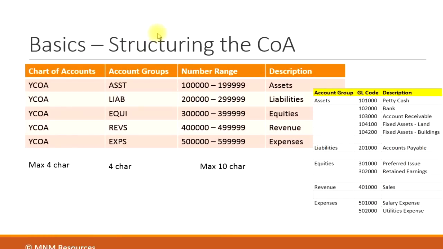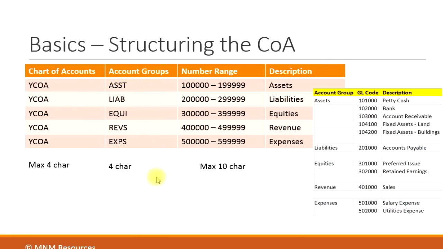Now let's look at structuring the chart of accounts. In SAP, the chart of accounts can be identified with a maximum of 4-character code. In this example, I have given it as YCOA. Then you need to structure the chart of accounts into different account groups. Now it's up to you how many account groups you want to have.